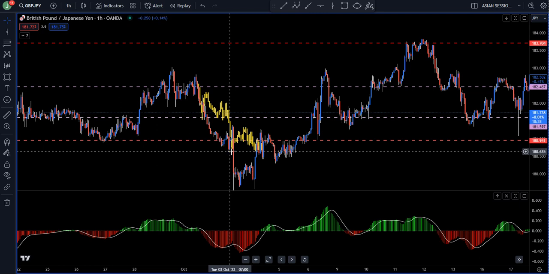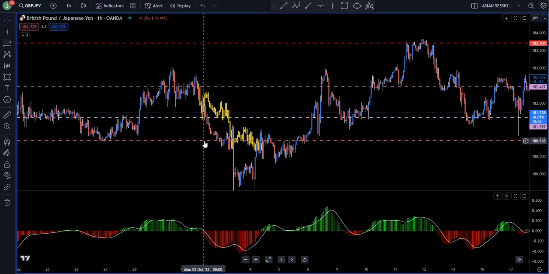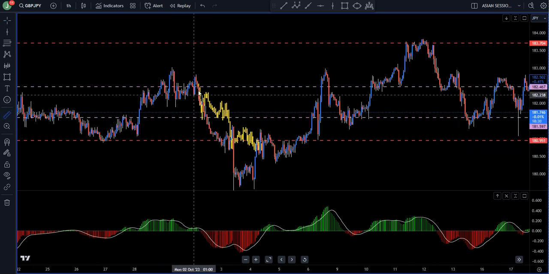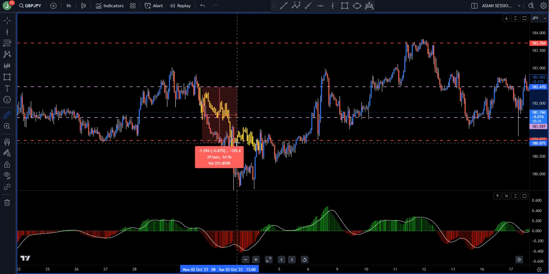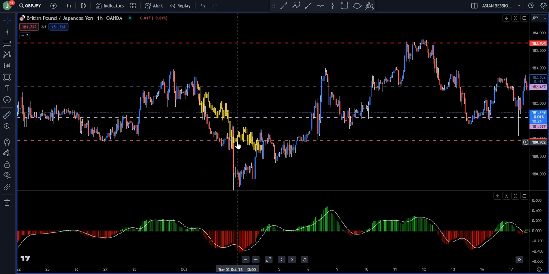So I would have gotten out somewhere around in this area. How many pips would that be? I got my alert. So that's approximately 159 pips. Why? Because we understand that price repeats itself. That's the nature of price movement. And we're able to capitalize on that.